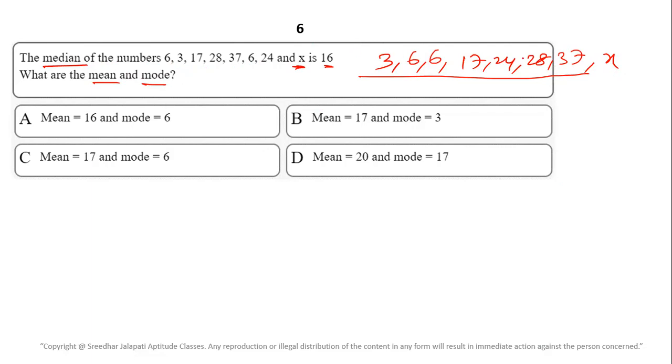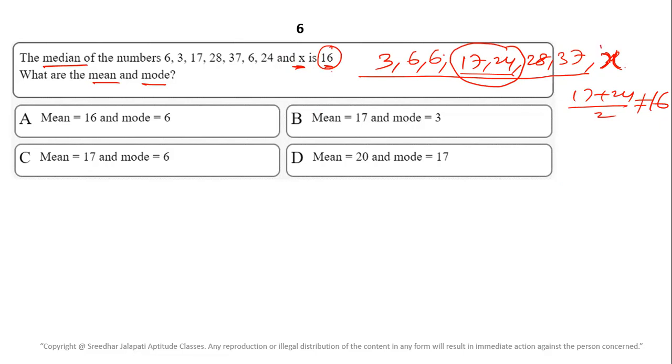If I assume x is the largest among all of them, then these two, 17 and 24, are in the middle. Then the median is (17 plus 24) by 2, which is not 16. As we are given that the median is 16, I can take x before this or after this.